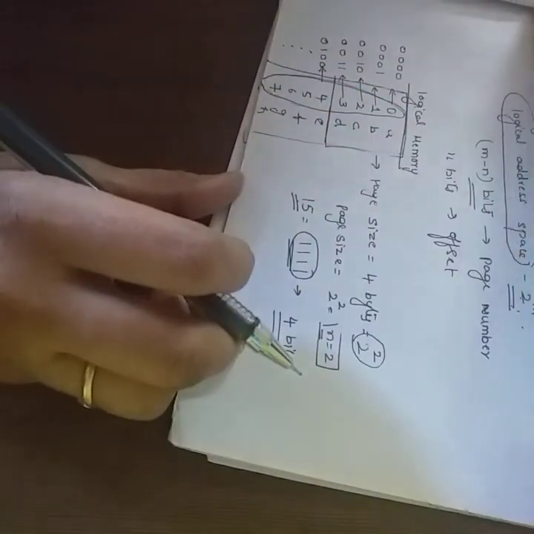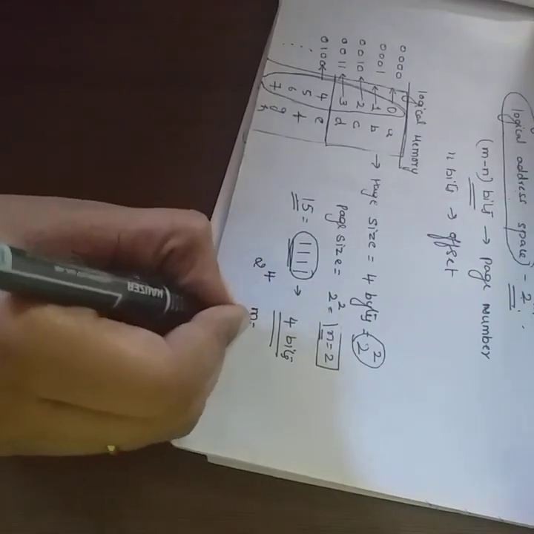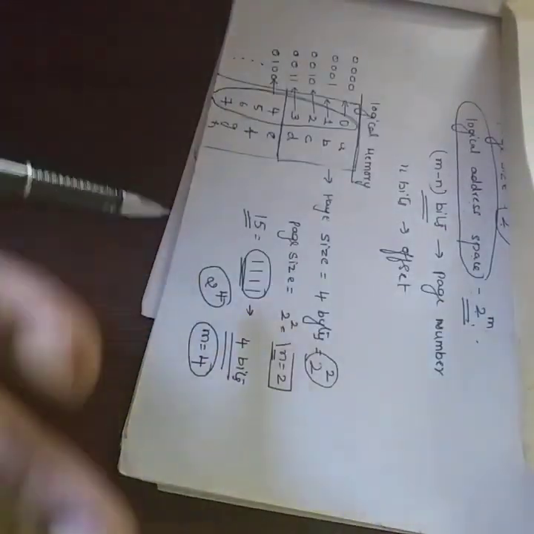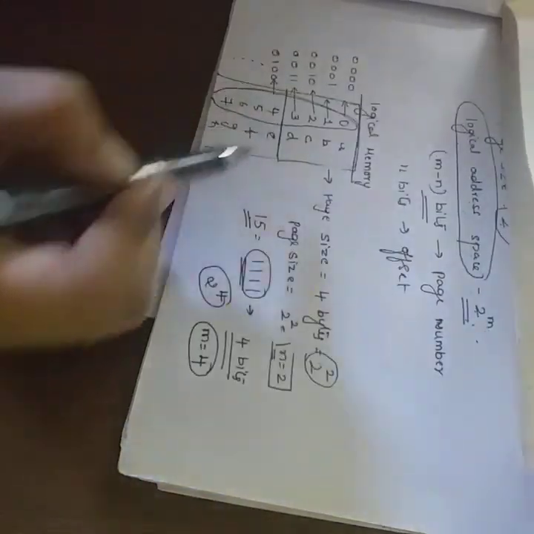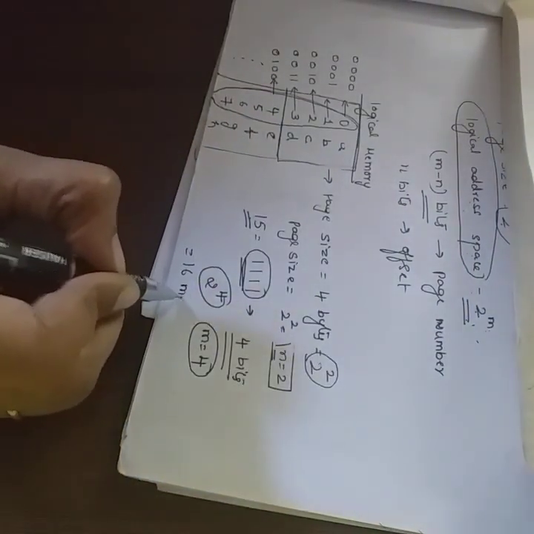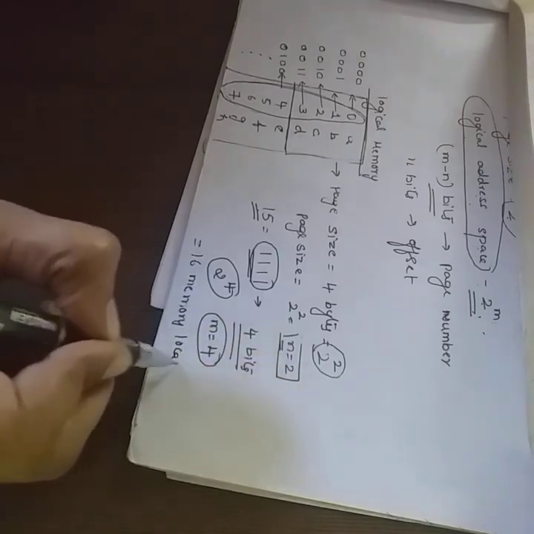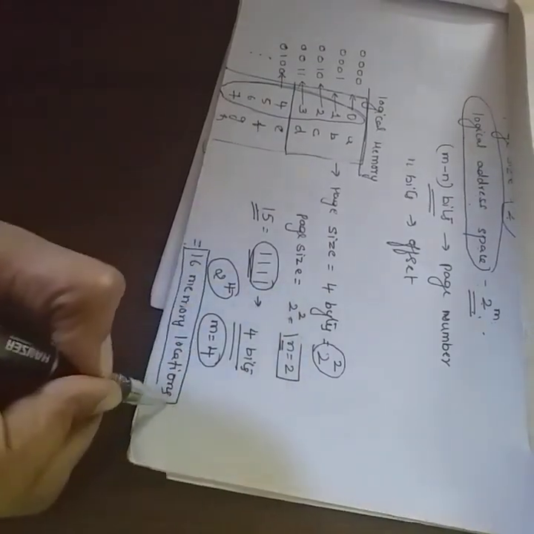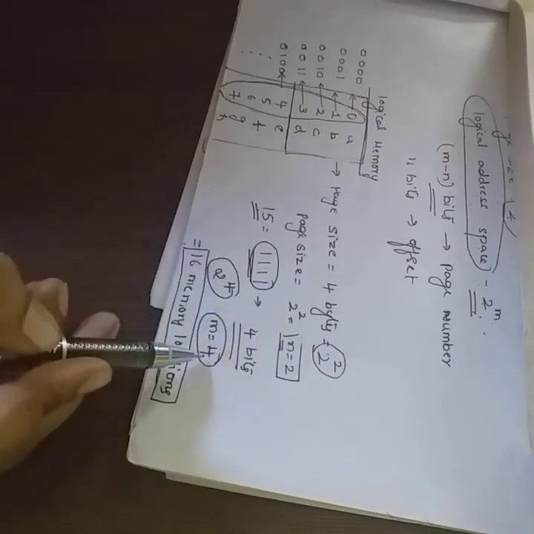That means the logical address space here is 2 power 4, that is m equal to 4. Why 2 power 4? Because using 4 bits you can address 16 memory locations. That is why m is equal to 4.